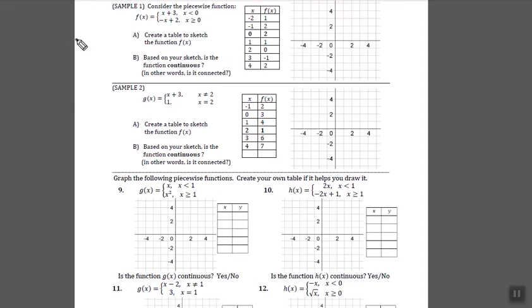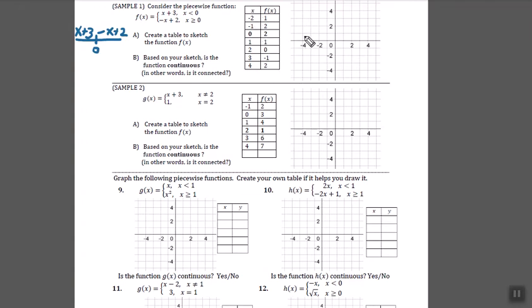Sometimes students like to draw out a little number line, put the 0 here. Like on the left side of 0, you're going to use the x plus 3 function. On the right hand side of 0, when x is bigger than 0, you're going to use the negative x plus 2 function. Just to visualize it on a number line, sometimes that helps.